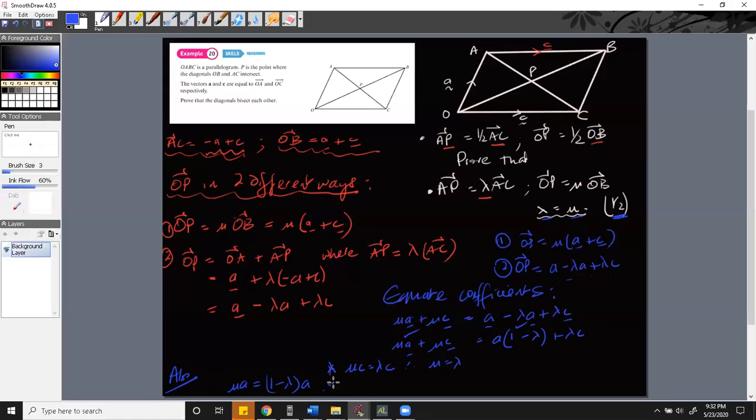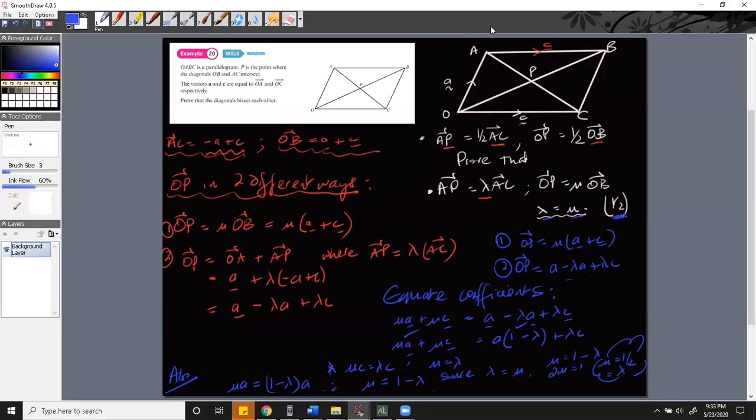So therefore, mu is equal to 1 minus lambda. And since lambda is equal to mu, then obviously mu is equal to 1 minus mu. So 2 mu is 1. So mu is equal to a half, which is also equal to lambda.